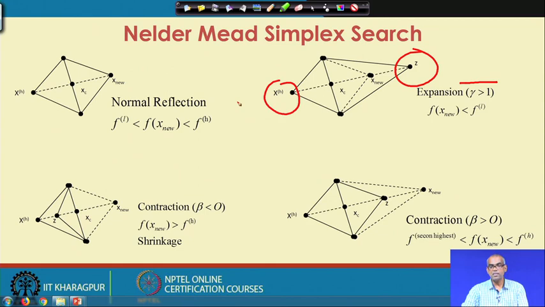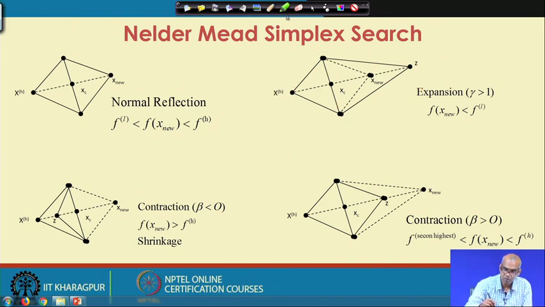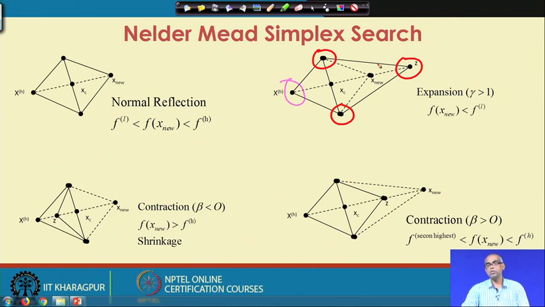So, the new simplex now will consist of this point and this point. So, this point is replaced and new simplex is obtained by these 3 points.